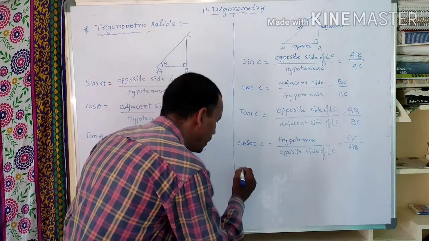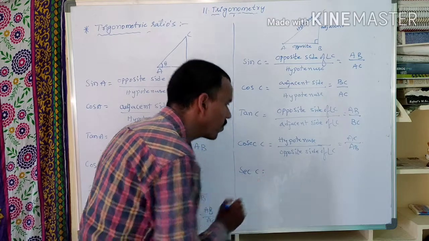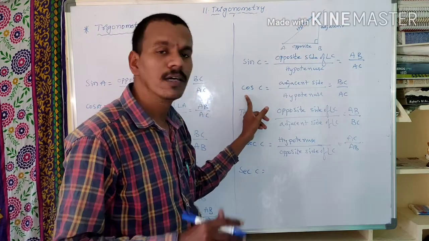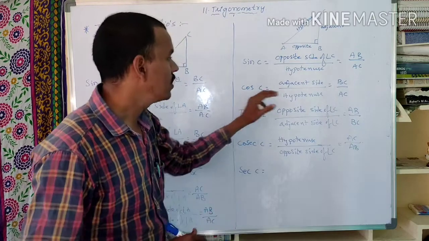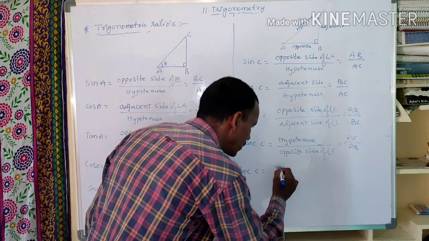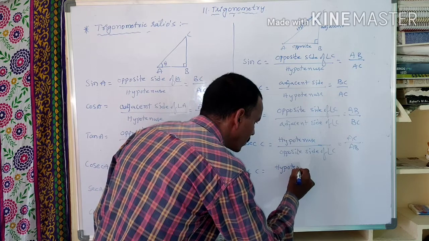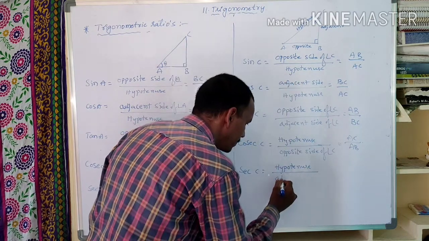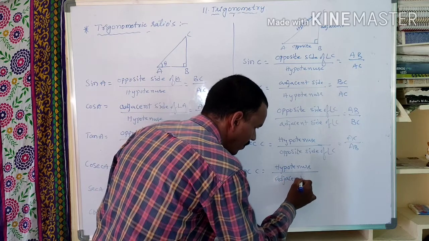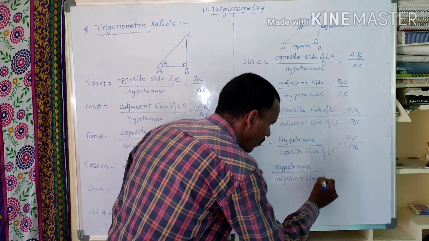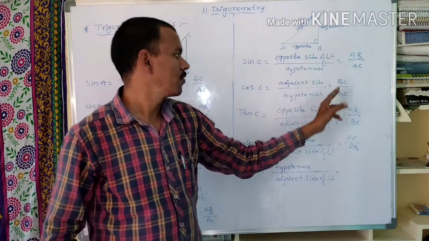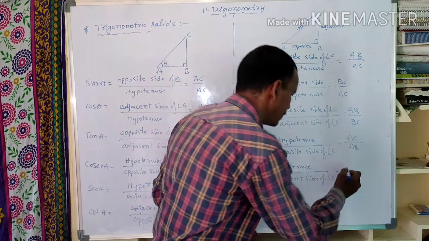Now next, sec C. Sec C is the multiplicative inverse of cos C, so hypotenuse by the adjacent side of angle C, which gives AC by BC.